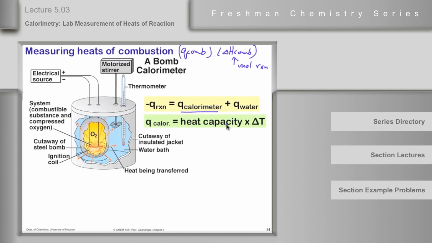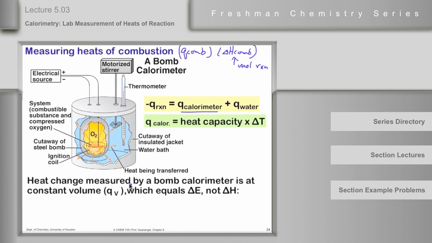Now, one thing I need to say before I leave this is that this is a constant volume experiment. As such, delta H does not apply because delta H requires constant what? Pressure. Constant pressure. I heard someone say it.